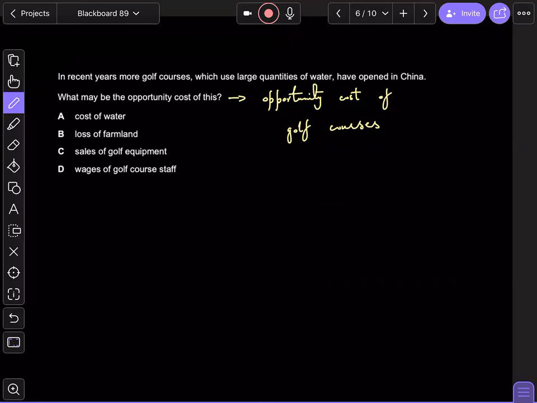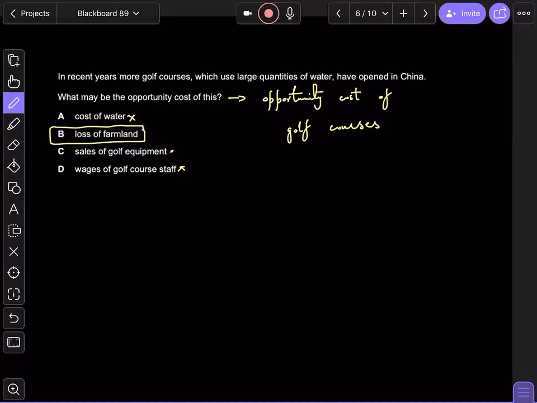If we are opening more golf courses, what will be the opportunity cost? The cost of water, again, this will be the explicit cost. The loss of the farmland, the sale of the golf equipment, wages of the golf staff. This is also explicit cost. So option B, the loss of the farmland, will be the opportunity cost.